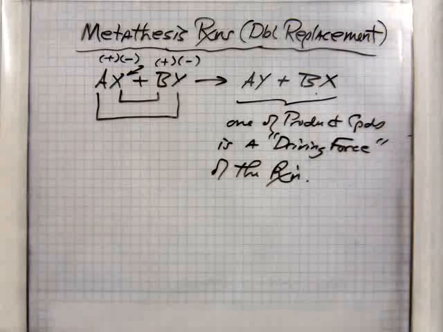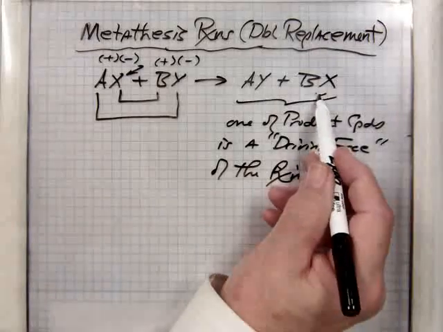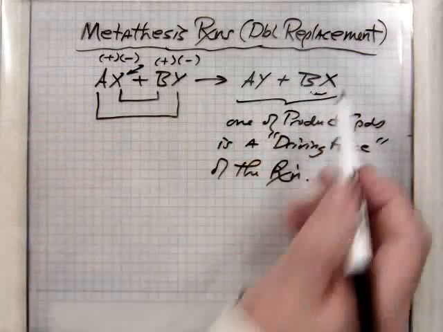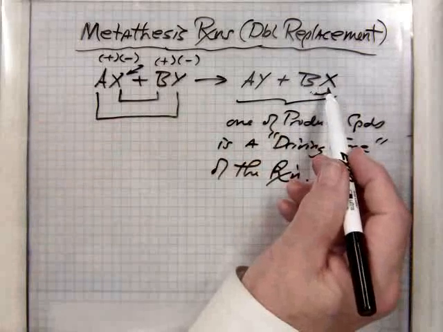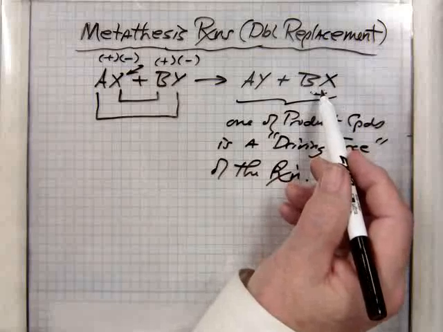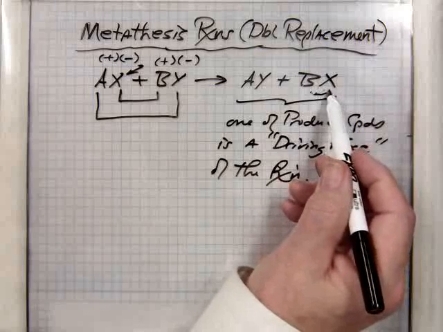What does that mean? It either precipitates out as a solid and everything else stays in solution, or it goes into a compound form that is a weak acid or a weak base, or it leaves the system as a gas decomposition.